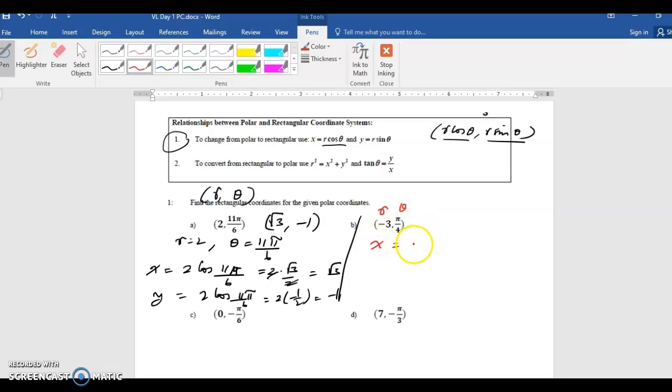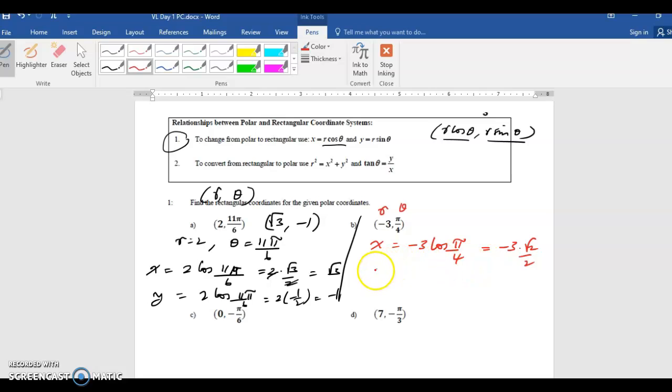So x is r cos theta, so negative 3 cos pi over 4, which is negative 3 times root 2 over 2. This is an acute angle, 45 degrees, so cosine is positive. But there is a negative 3 in the front, so this is what you get.